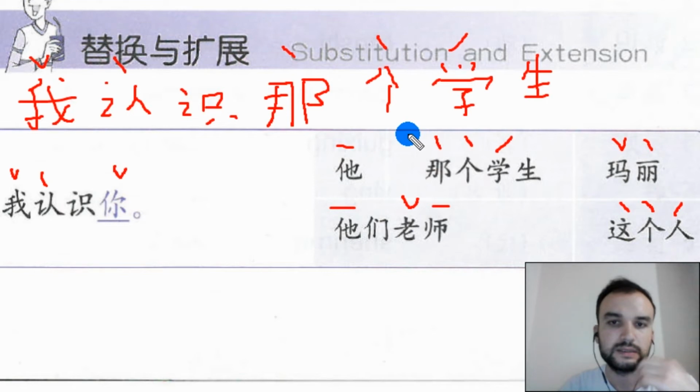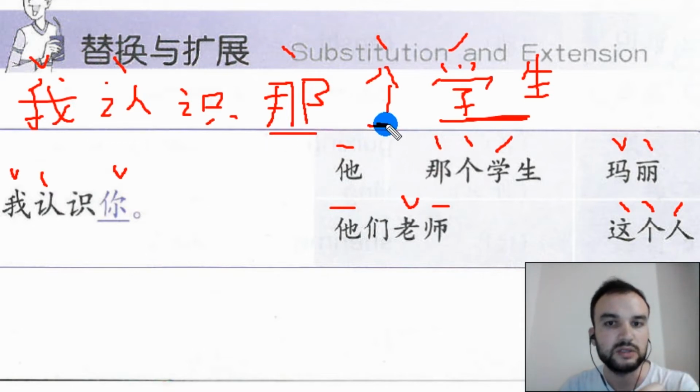那 means that. But here, 个 is a measure word. In Chinese, we use measure words before nouns. 学生 is a noun, and if we want to say that student or this student, we should use 那 meaning that, and here we should use 个, the measure word. For example, 人 is a person. If you want to say that person, we should say 那个人.